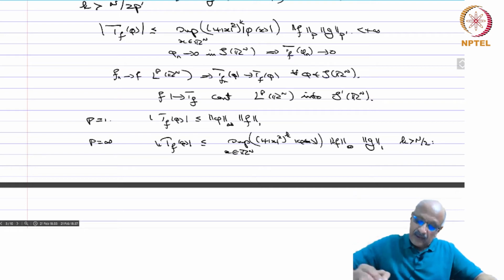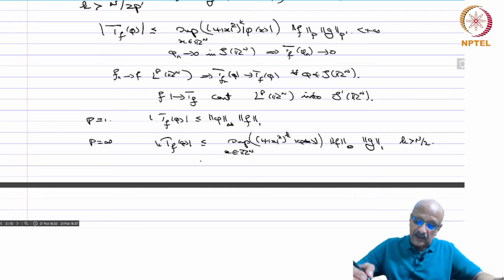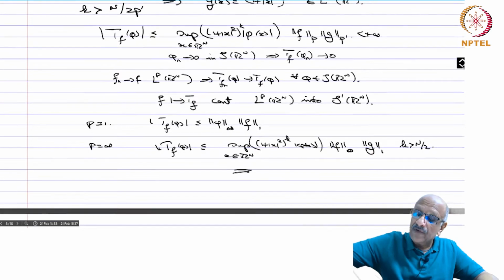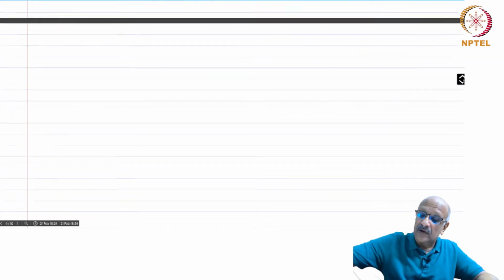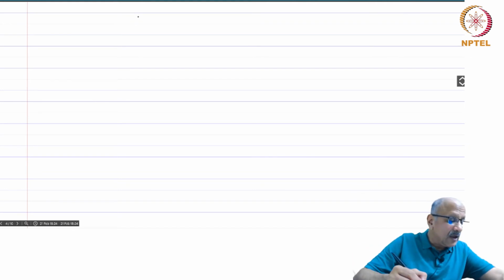Okay, and this again tells you that this is in S'. So this completely establishes our claim that L^p for all 1 less than or equal to p less than or equal to infinity is in fact embedded in S'(R^n) continuously.